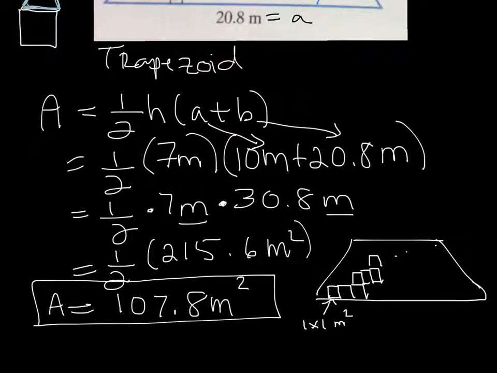And again, we have that 0.8 because not every single rectangle or square is going to fit. There's going to be some gaps, like the little green part. We're missing that piece. That's not a square. If we add those up, that's where we get that 0.8.